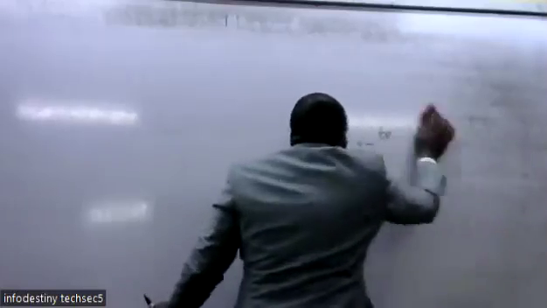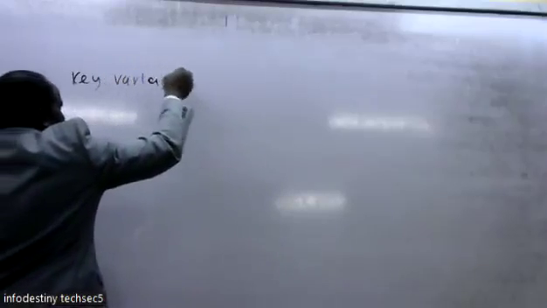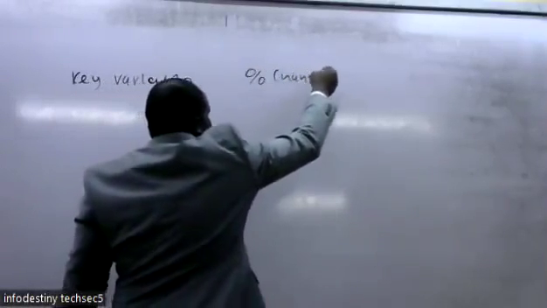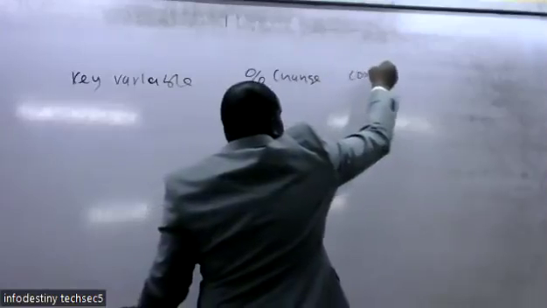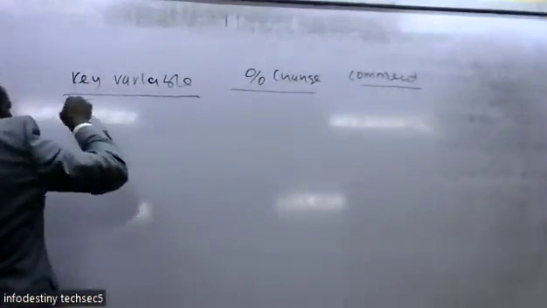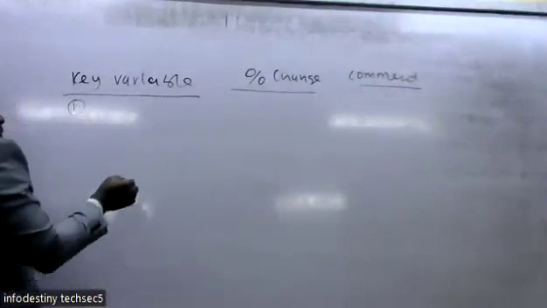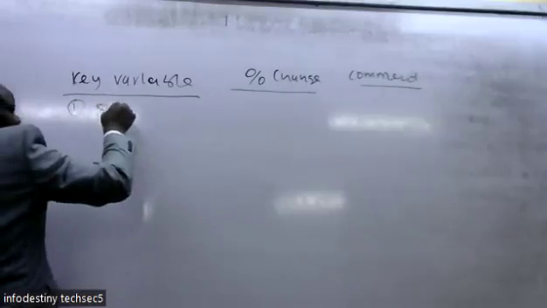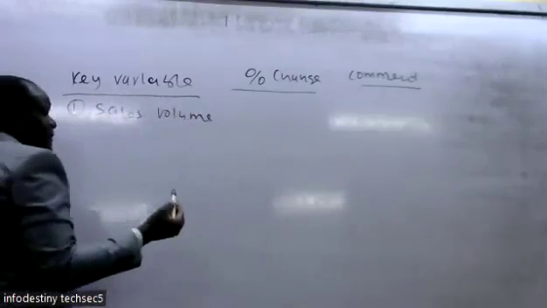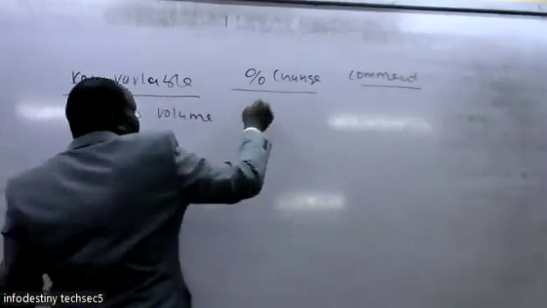For you to comment, you will have the key variable, then percentage change, then the comment. So the first variable, you remember it was what? From letter 1, was it sales volume? So sales volume, you say it was negative what?